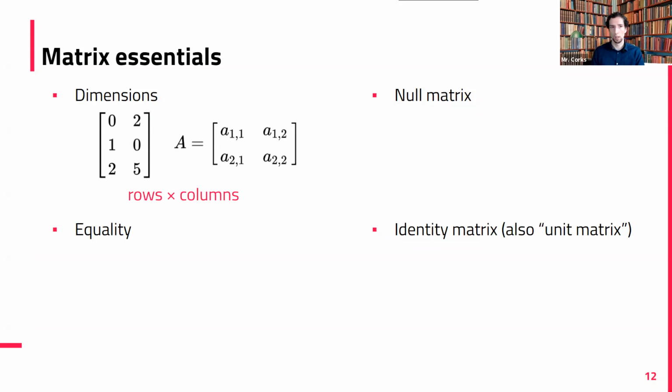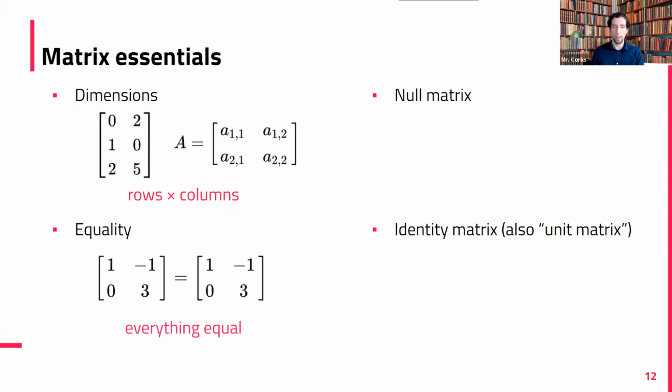The same size, the same dimensions, and the same numbers in positions. So everything is the same. Null matrix, what does that look like? Components are 0. Everything's 0, and it can be any size at all.